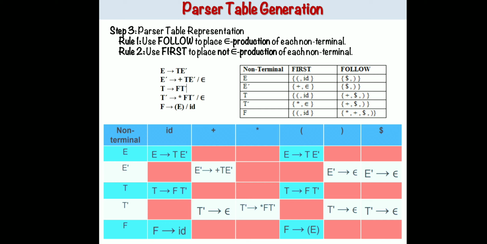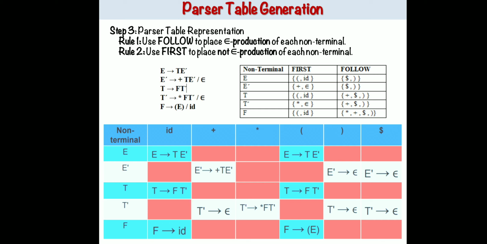The production which starts with star, T dash arrow star F T dash, we will write in the star column of T dash. For the remaining follow functions of T dash, we will write T dash arrow null.